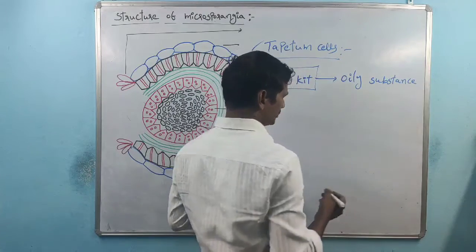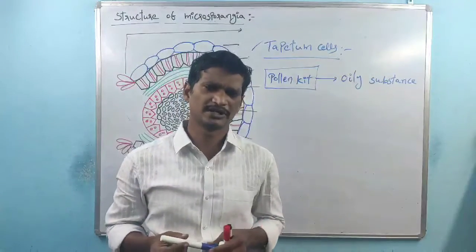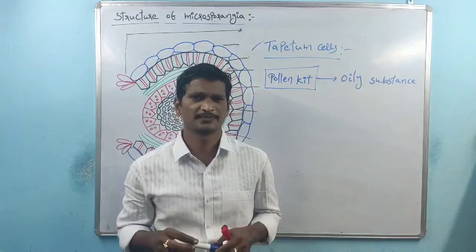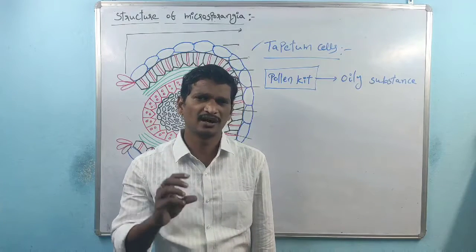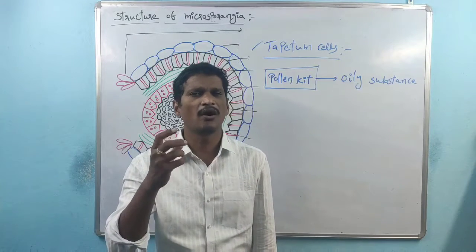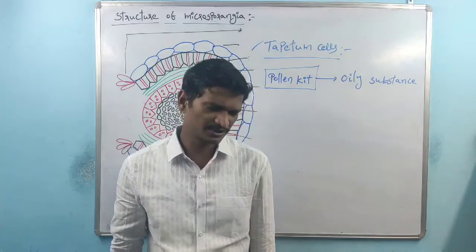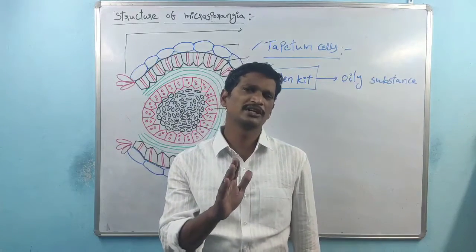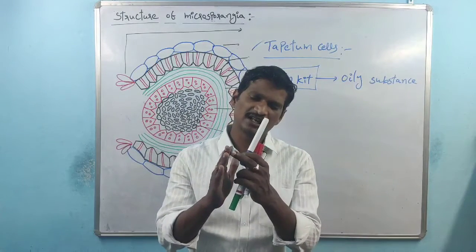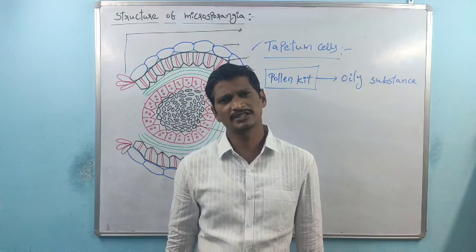So what is the use of the oily substance to the pollen grains? Suppose one of the pollen grains is there. The outermost part of the pollen grain always has an oily or gel-like substance, because if we touch pollen grains, they attach to our hands due to the oily substance.